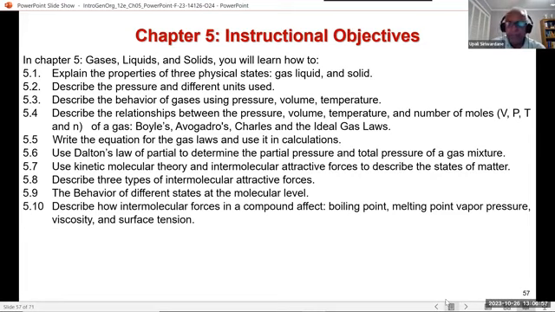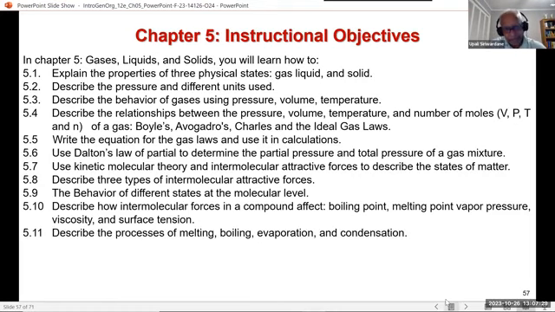We went on to describing the liquid state using kinetic molecular theory. We looked into the boiling point of a liquid, melting point, vapor pressure, viscosity, and surface tension. We went over this. Now we describe the melting, boiling, and evaporation and condensation of liquids.